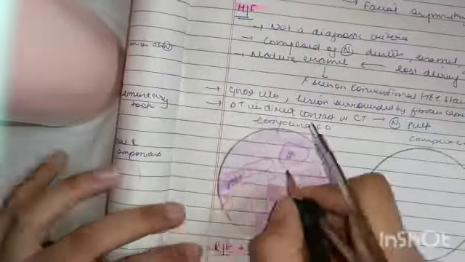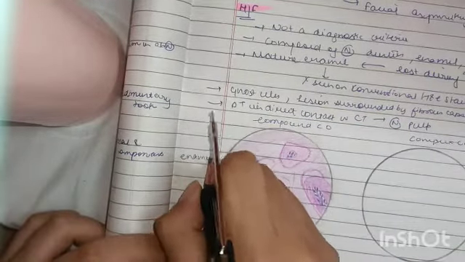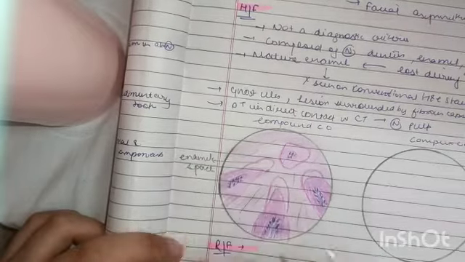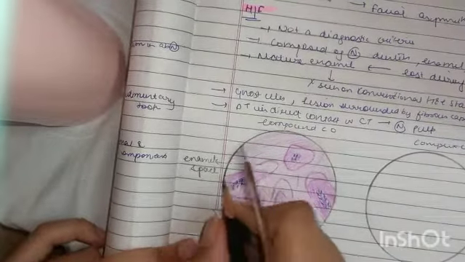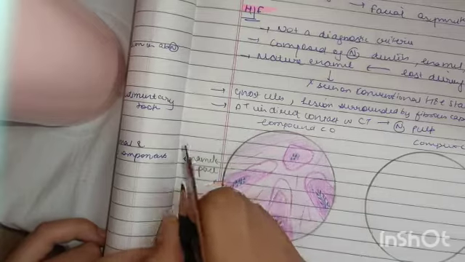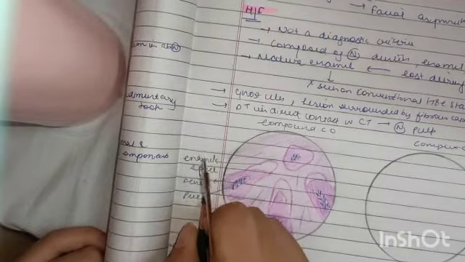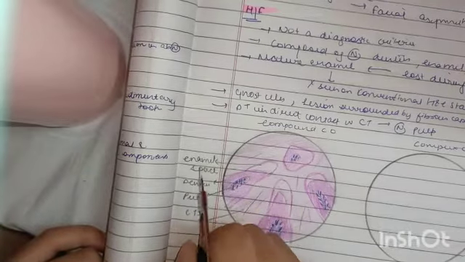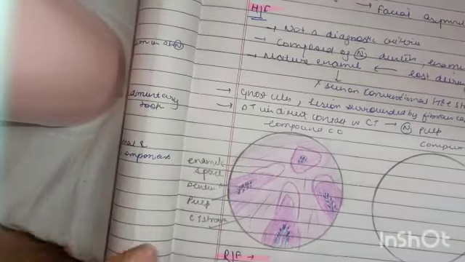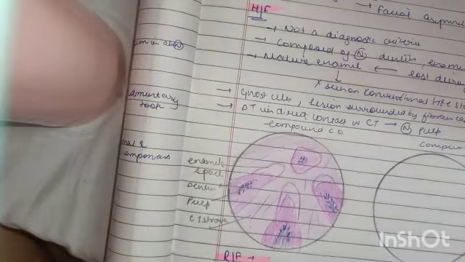So this is the enamel space. Then this is the dentine, pulp, connective tissue, stroma.